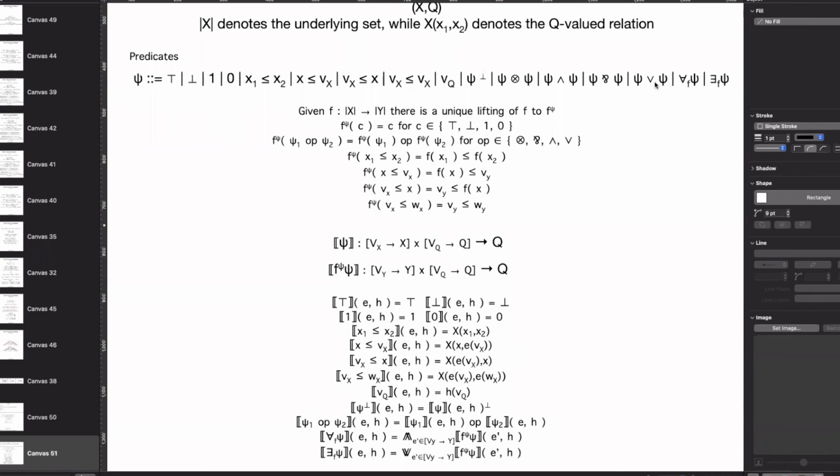So you want it to be the case that the Q value that you get, let's say I take x of x1 x2 and then I tensor that with x of x2 x3, that's going to be less than taking x of x1 x3.